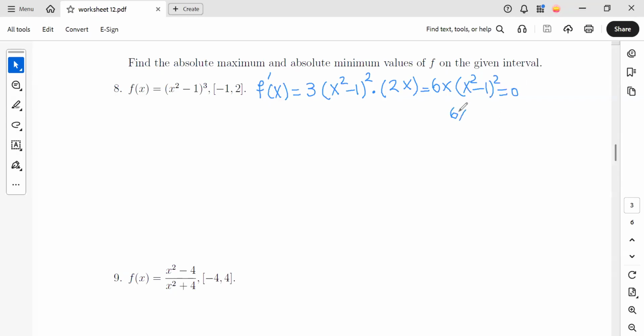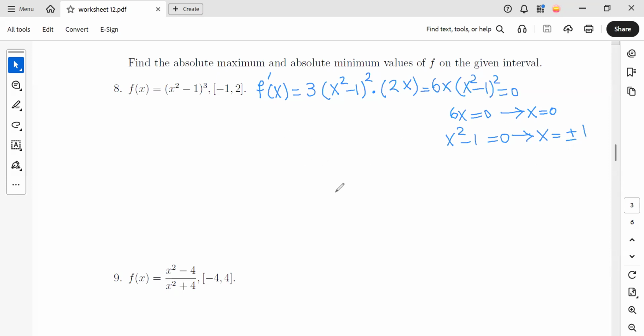It means either the first one is 0 or the second one is 0. We don't need the power 2 because after taking root, it will be x squared minus 1. From the first one, we get x equals 0. From the second one, we get x equals either positive or negative 1.